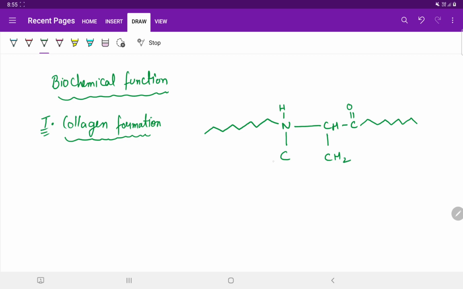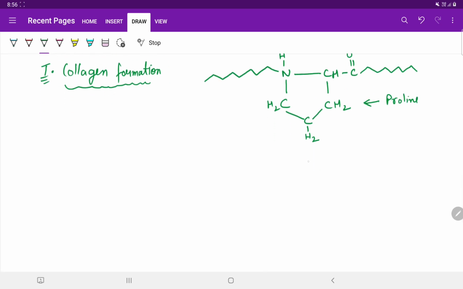So, it is the structure of proline I am drawing here, and it is the nitrogen containing amino acid. So, this is the structure of proline, protocollagen, and now in presence of ascorbic acid as a coenzyme, this proline protocollagen is converted into the collagen fiber.